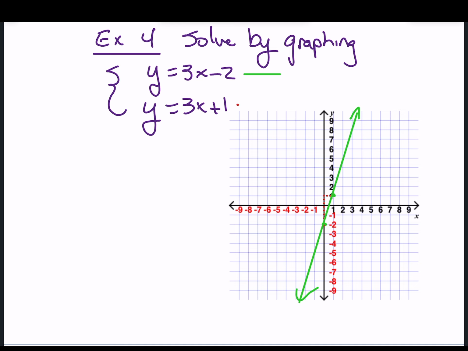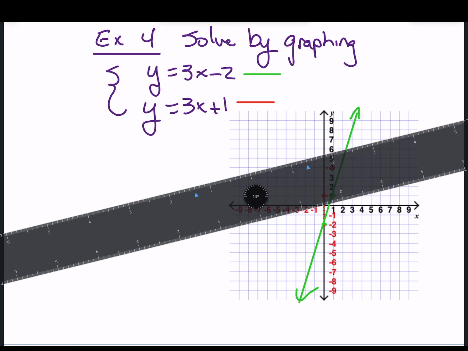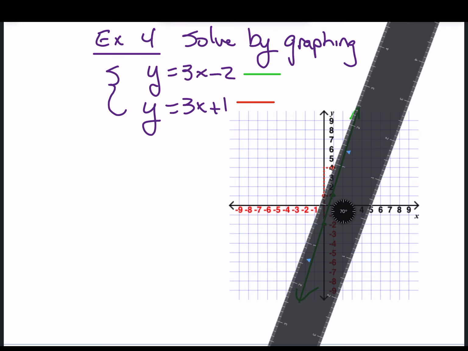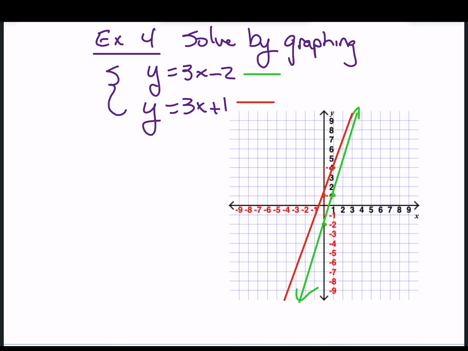And then y equals 3x plus 1, we will graph that in red. Okay, our y-intercept is 1. And again, we go up 3 and over 1. Use our straight edge to get the full line. And what do we find about these?